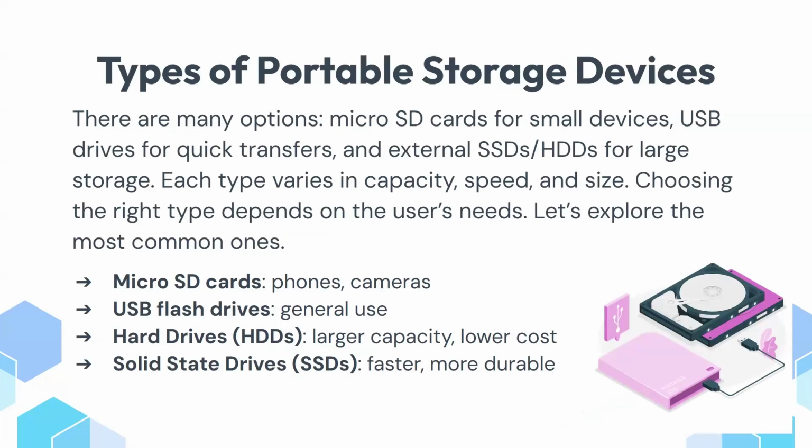We have micro SD cards, which are in phones and cameras. We have USB flash drives, which are for general use. Then we have hard disk drives, HDDs, and those have larger capacity and lower cost. And then we have solid state drives, SSDs, and they're faster and more durable.